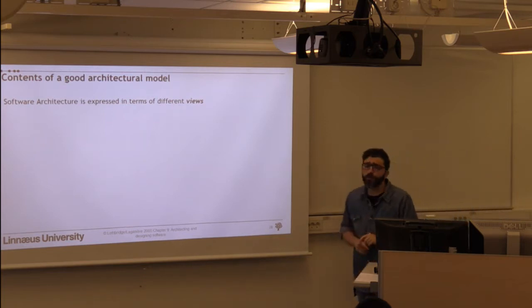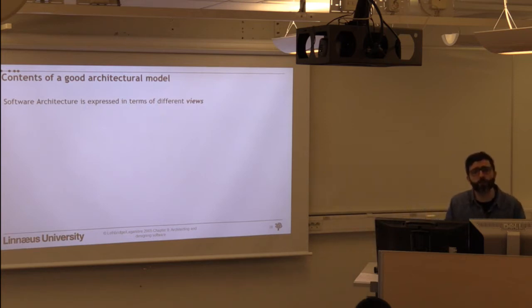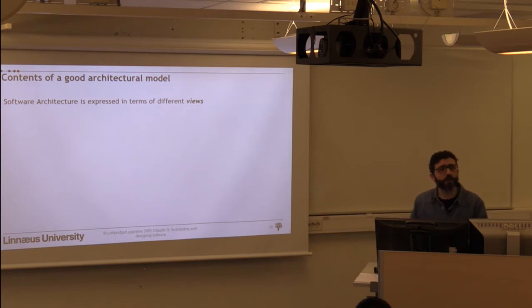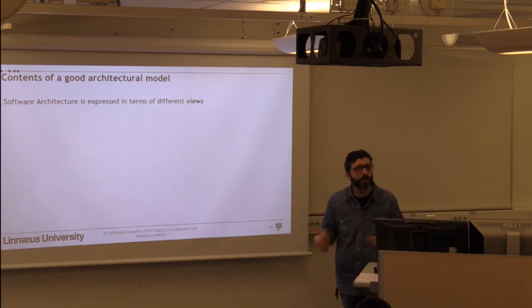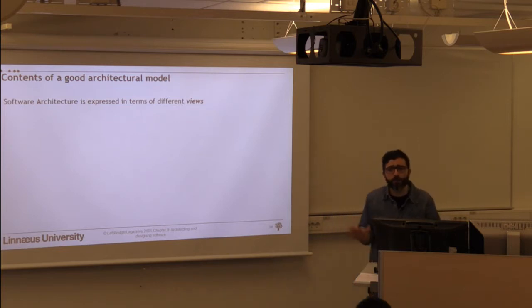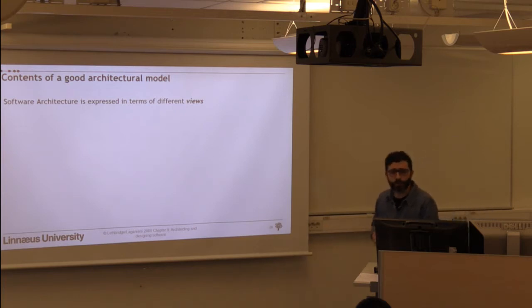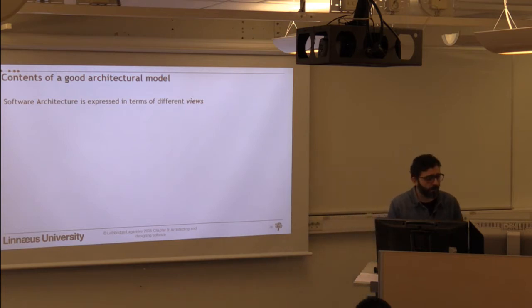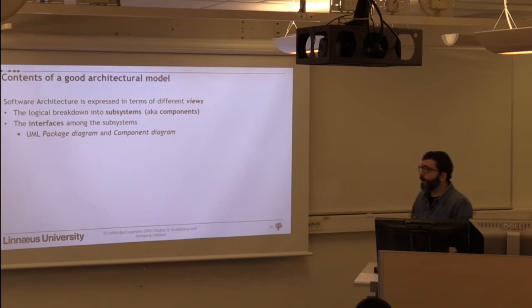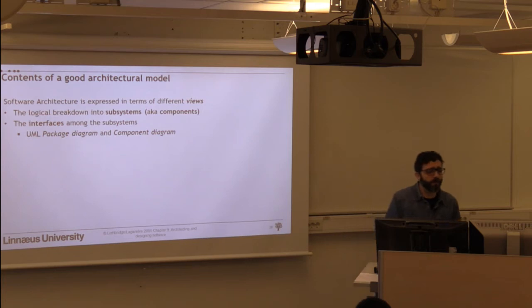So usually a software architecture is expressed and represented in terms of different views. As we said, when you have an architecture for a building, then you have plumbing, electrical stuff, and the floors, and so on and so forth. They are different views of the same building. We want to have the same thing for software architecture: different views representing different aspects. First, the logical breakdown into subsystems, which are known as components.